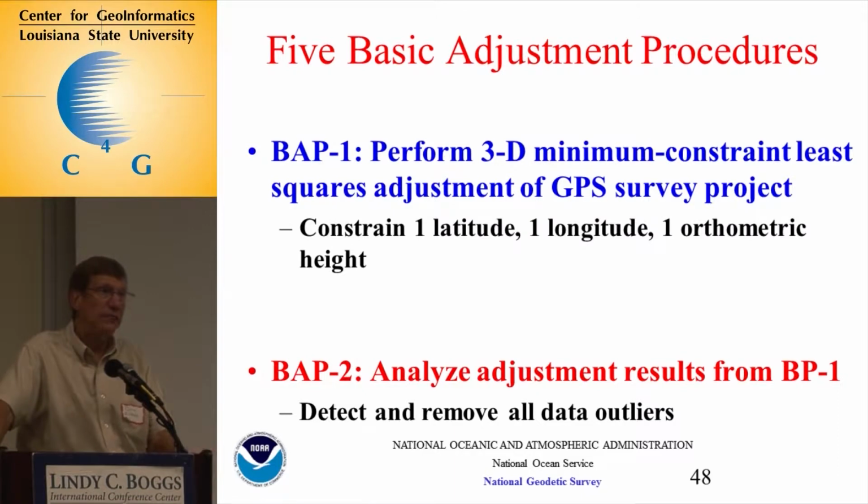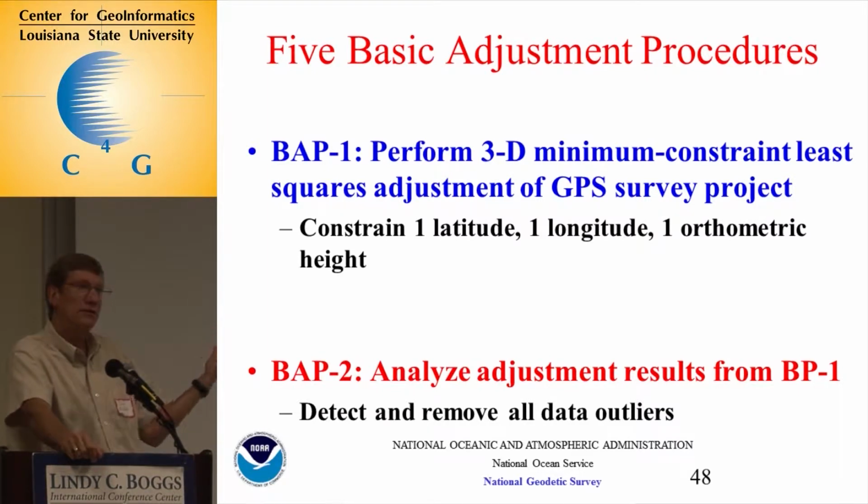I don't know how many times I see people that collect all their data, throw it in an adjustment, and then they hold all of their published values. Just hold them. And then look and see what the results are, and I'm not sure what you're looking at when you do that.